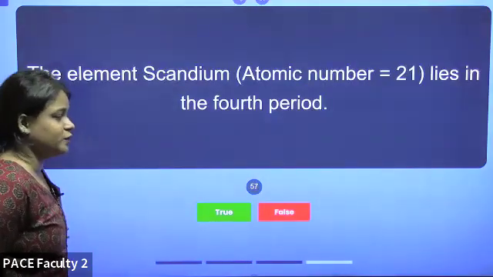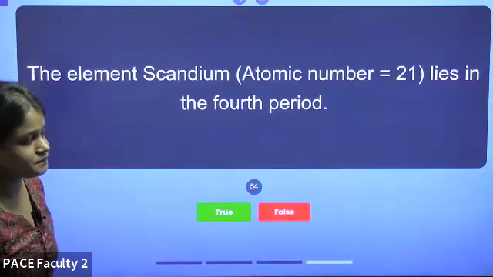Element scandium, atomic number 21, lies in the 4th period.